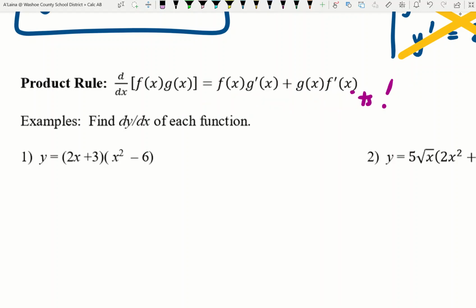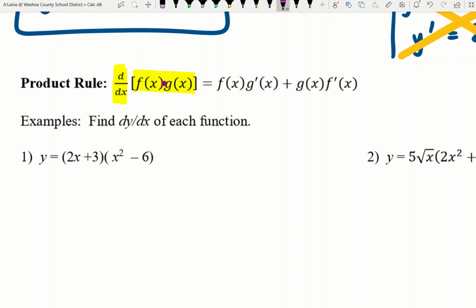But let's take a look at the rule and see if we can understand what it's saying. It is saying if you take the derivative, this is notation for derivative, based on Leibniz's notation. He didn't say dy over dx because instead of calling the function y, we are just saying the derivative of these two expressions that are being multiplied together. One expression we could call f, one expression we could call g.